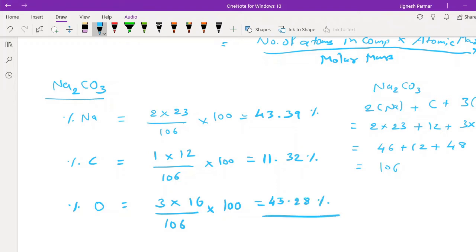If you add all of these, you will get roughly 100 or 99.9. Why?